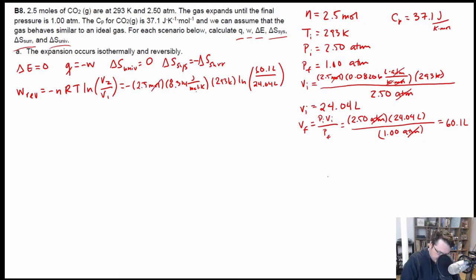Moles cancel, Kelvins cancel, liters cancel, so we're only left with joules, and that works for what we want. So we have the reversible work equal to that.